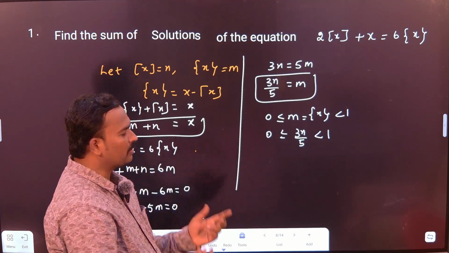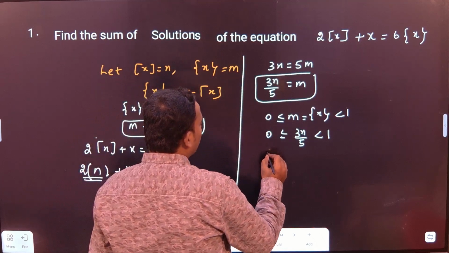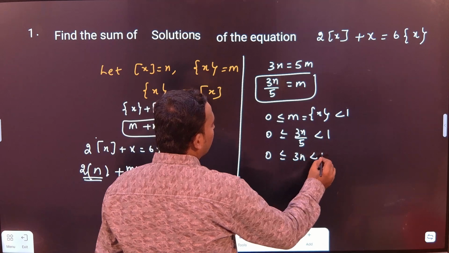What integer values are possible? Multiply by 5 both sides: 0 less than or equal to 3n less than 5.